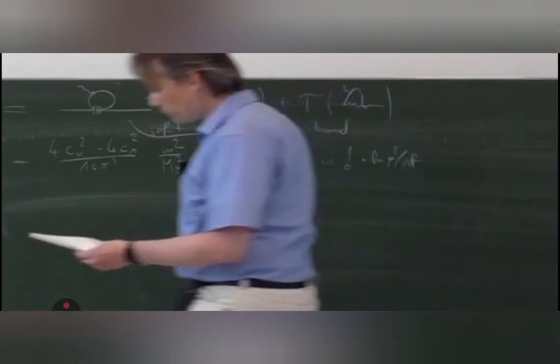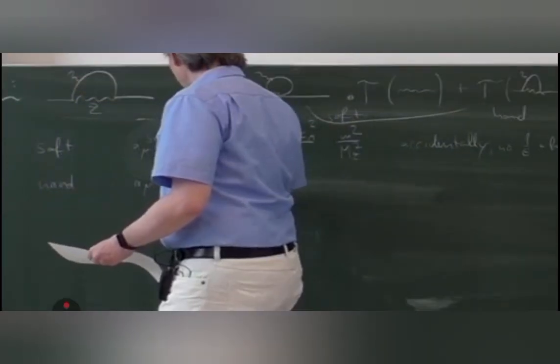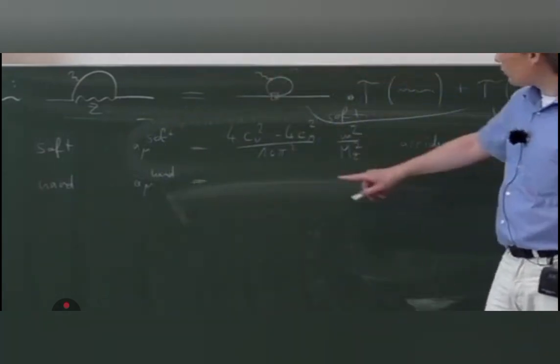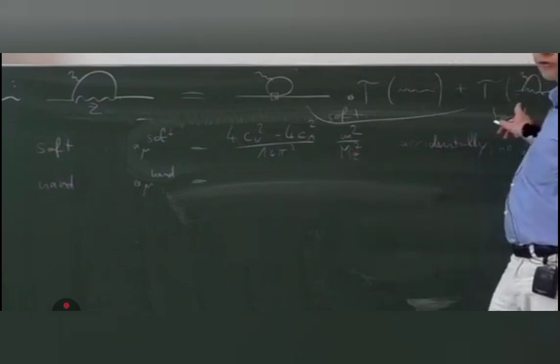Then we also did the hard calculation, a_mu hard, and even before the calculation, we knew after this result that the hard calculation also has to be finite.